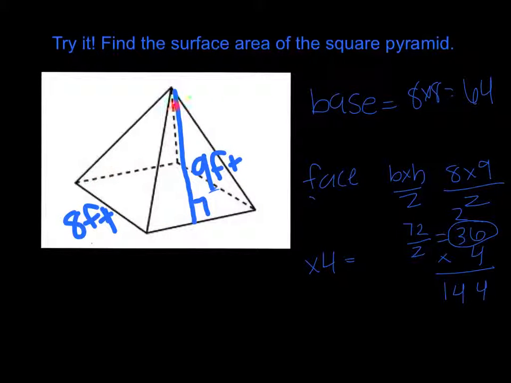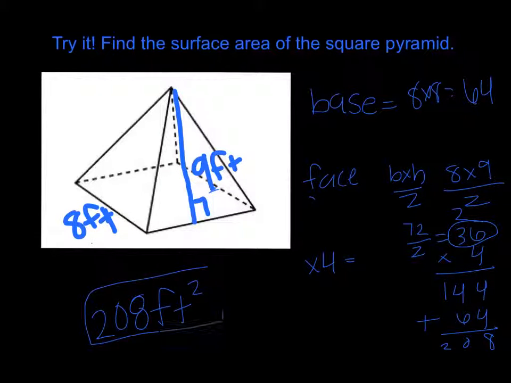And then I'm going to add this 144 to my 64 to give me the total surface area, which is 208 feet squared. Now, if I would have stopped at 144 feet, this is the lateral area, but because I wanted to include the base for the surface area, I included my 64 feet from the base.